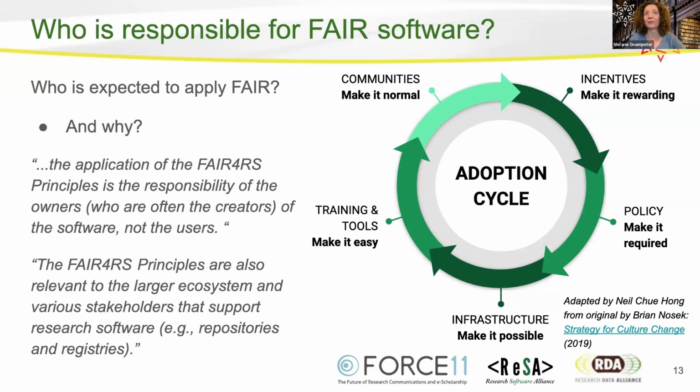On the next slide, we have this question of who is responsible for FAIR software, who is expected to apply FAIR, and how do we make this change in the landscape, in the scholarly ecosystem? Where should it start?